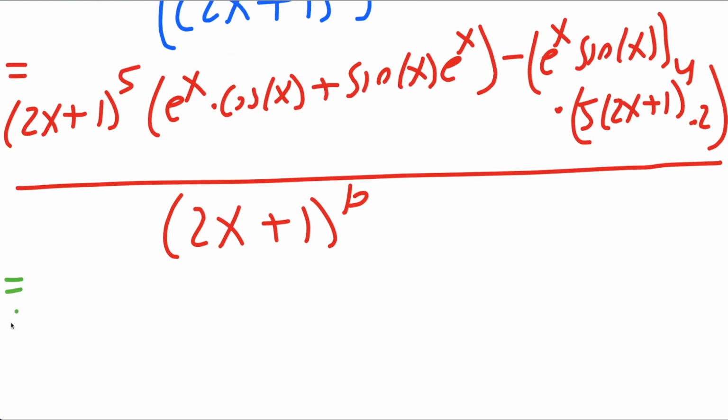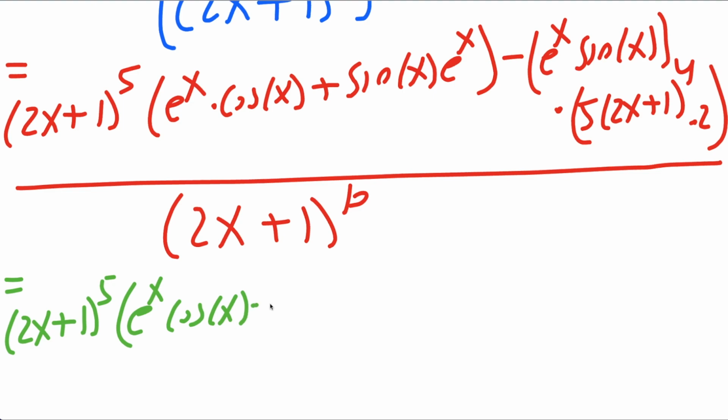So now we're just going to clean this up a little bit. We're going to keep most of our stuff the same. So (2x + 1) raised to 5, we're going to keep this. Later, we're going to try to factor out some terms that are the same for the numerator. But for now, we're just going to keep most of it the same. We might try to expand something, but we're mostly keeping everything the same.